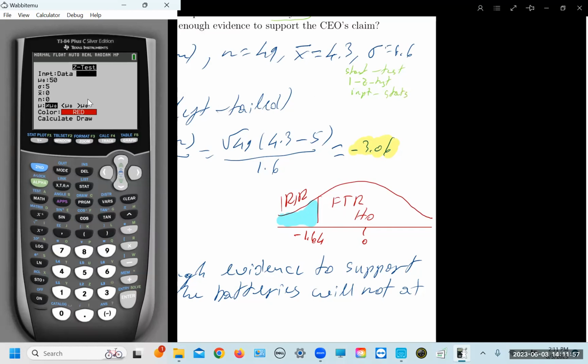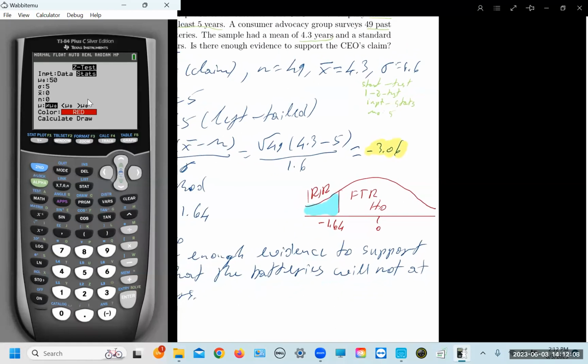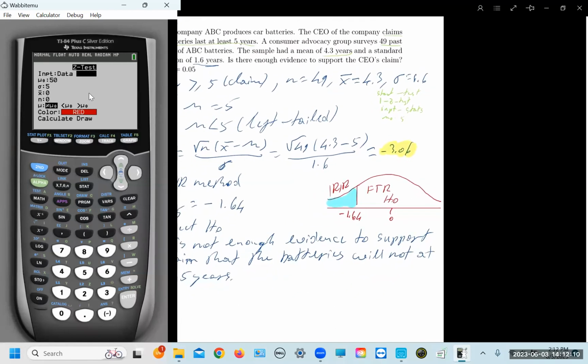And then mu 0, which we have is 5. Milk mu 0, we have 5. Yes, so for milk we got 5.